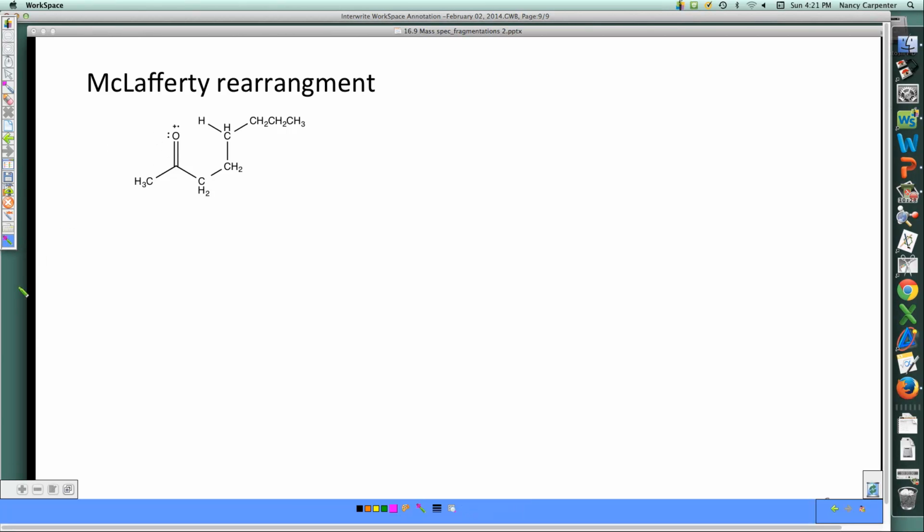When I say six-membered ring, I'm basically talking about 1, 2, 3, 4, 5, 6. Okay, I've got to get that atom in close proximity to the odd electron. So there's the hydrogen just ready and waiting to be abstracted. So that happens really quite readily.